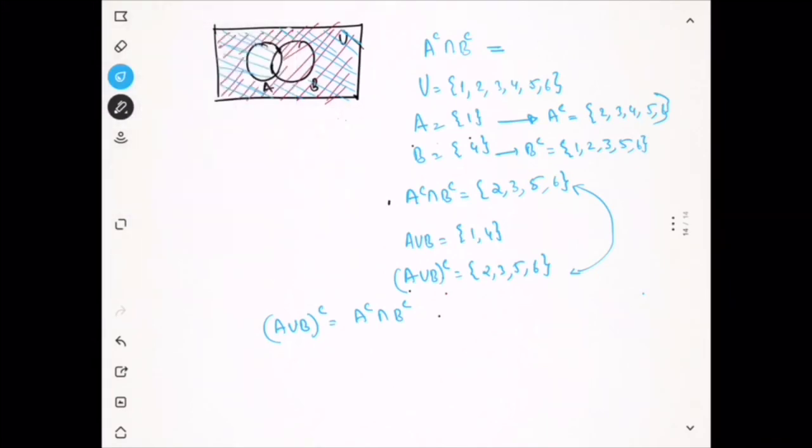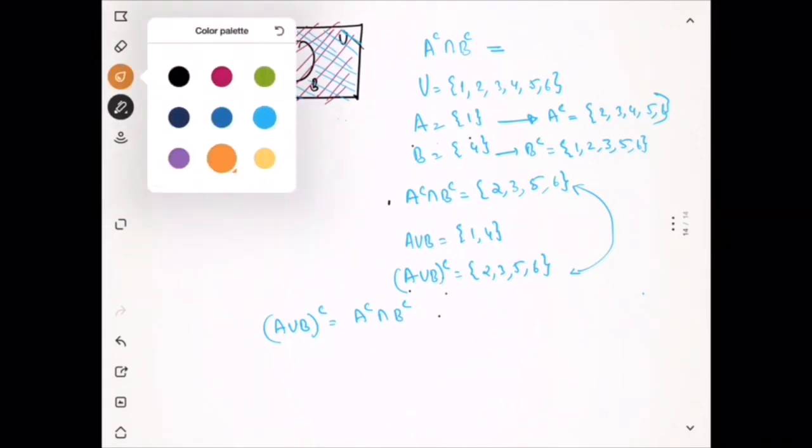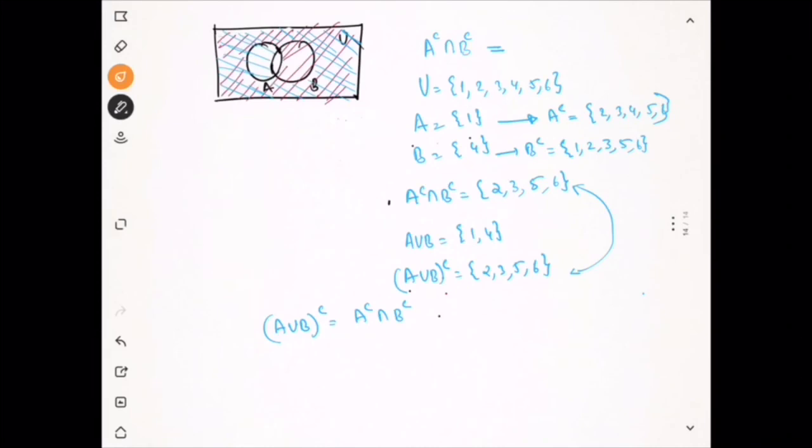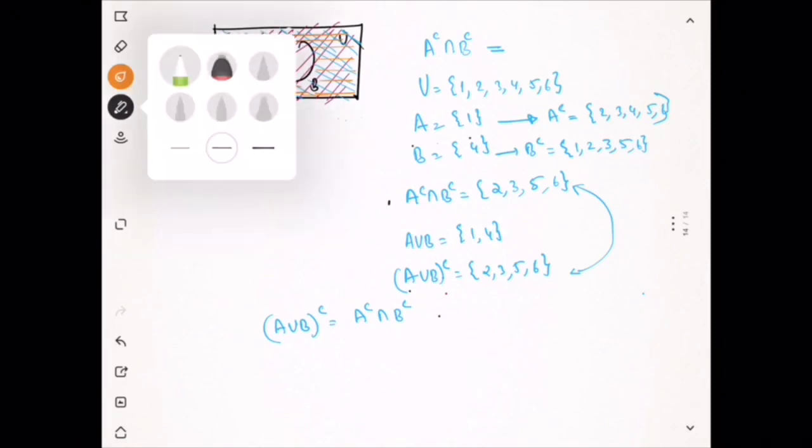So we can shade the region here. You can see here, this is the part which is the A union B whole complement, and it is same as A complement intersection B complement. So we will also discuss some important things in the set theory.